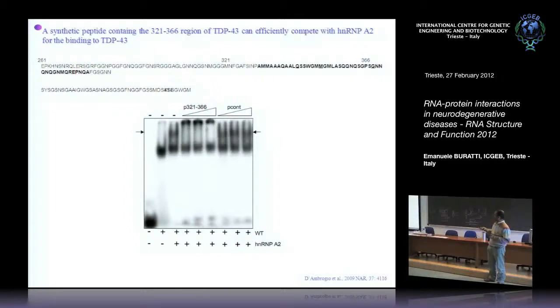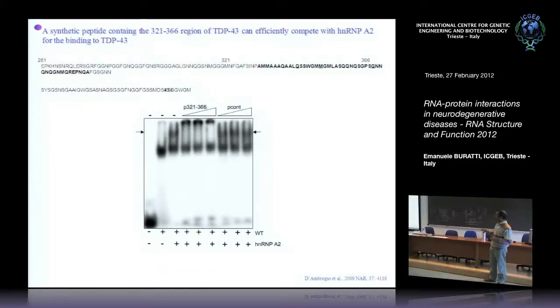And what we were interested in doing to validate the binding was to try and incubate also this complex here with a peptide that was carrying the region that we had just mapped as functional. And you can see that indeed just adding the peptide from the C-terminus domain of TDP43, this action could abolish formation of the supershift because the peptide was binding to the HNRNP proteins and therefore removing it from the binding reaction.